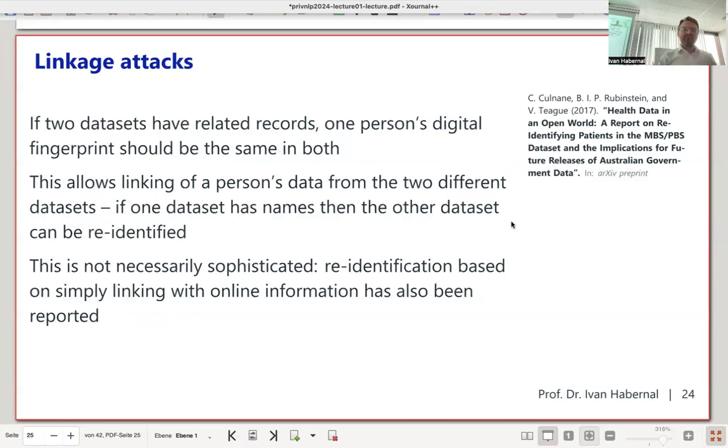Exactly. If two data sets have related records, one person's digital fingerprint should be the same in both, and this is the linking. The thing is that this is not necessarily sophisticated. You can just simply link it with online information, and that's the case of the IMDb thing. You don't have to be a bad hacker. There's some data somewhere on the internet and you just link them together.